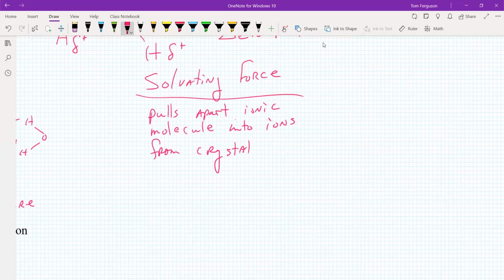The solvating force pulls apart the ions in an ionic solid. And the ionic solid is a crystal, just like salt crystals. The opposite force is called the crystal lattice force. That's what holds it together.